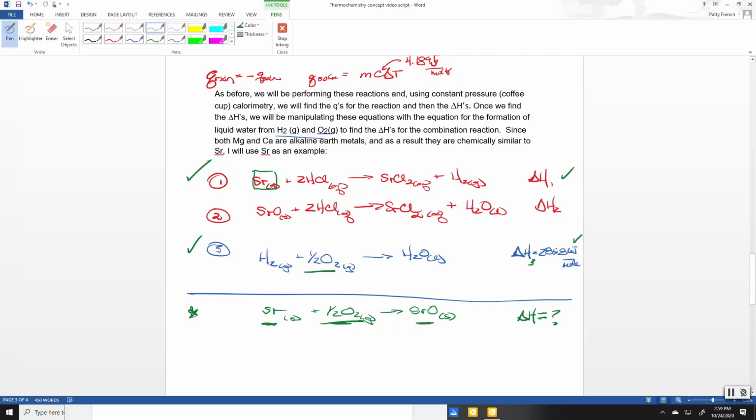Our final part of the target equation that we're looking for is strontium oxide. And it is in equation 2, but it's on the wrong side. So we need to reverse this equation, which is the same thing as multiplying the whole thing by -1. And when we multiply the whole thing by -1, we're going to end up, like I said, reversing the equation.